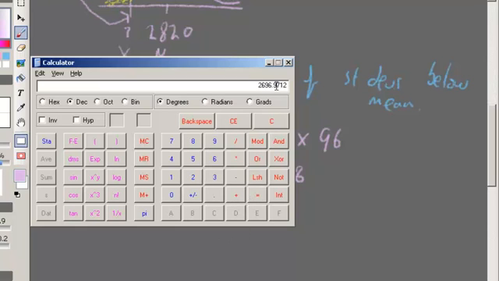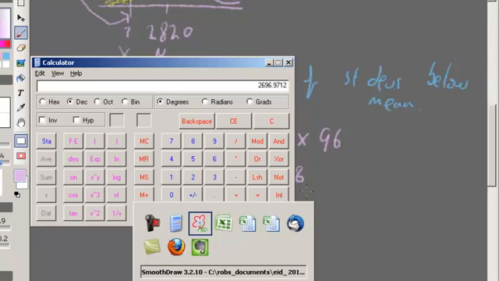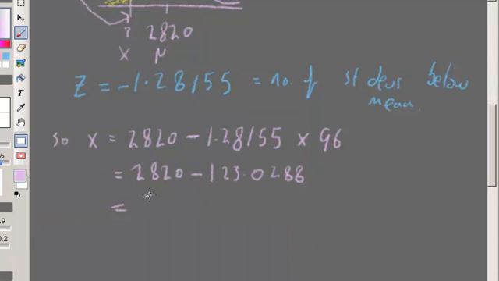So 2696... 2697. So they should set it at, just round off to the nearest gram, perhaps 2697.